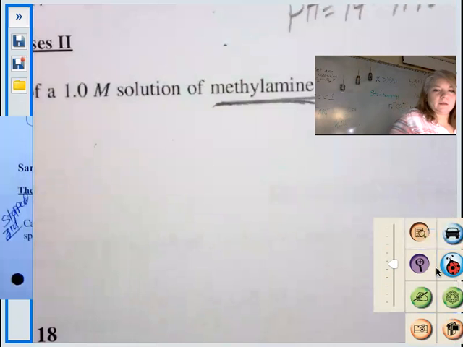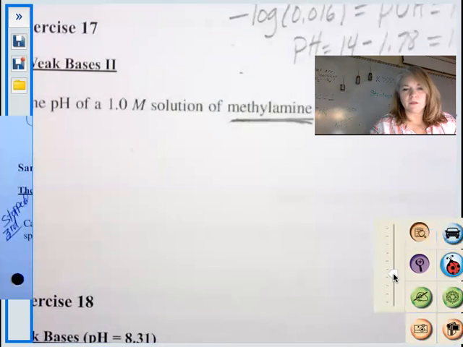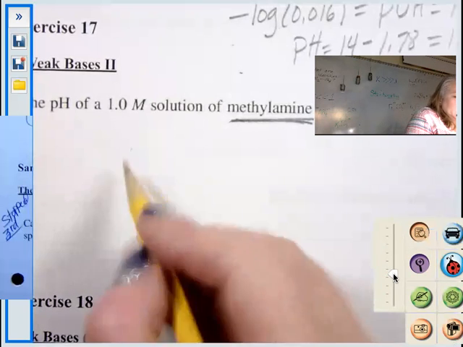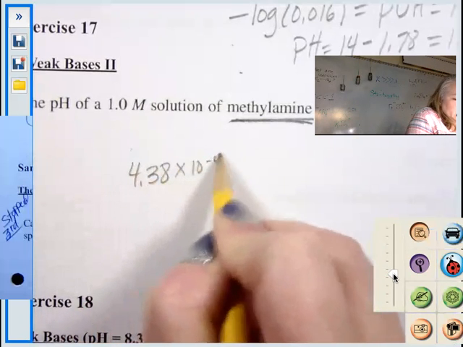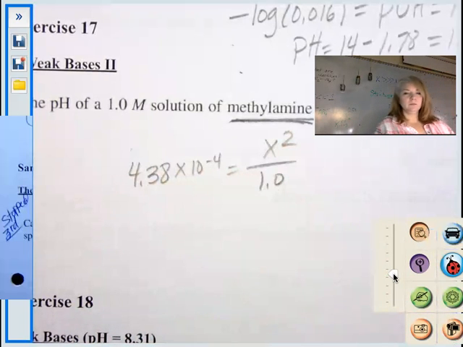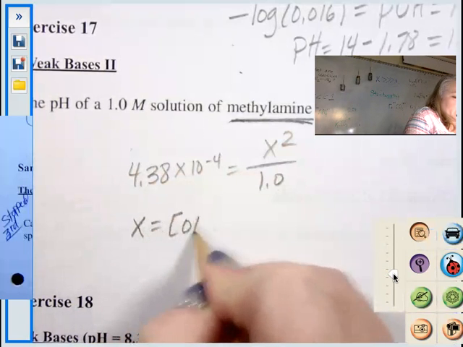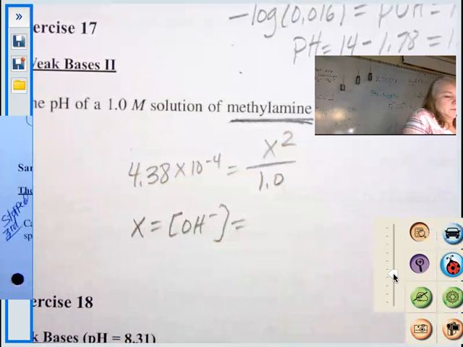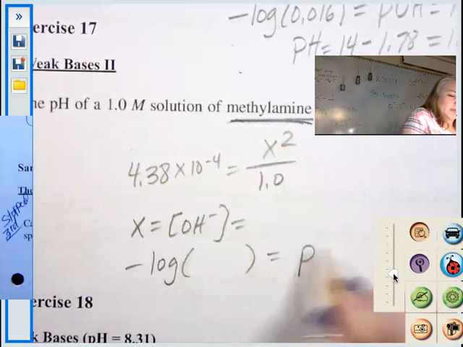That's what I'm going to put. I'm going to put 4.38 times 10 to the negative fourth is equal to x squared over 1. Remember, though, x is equal to your OH minus. When we take the negative log of that, we'll be finding pOH.